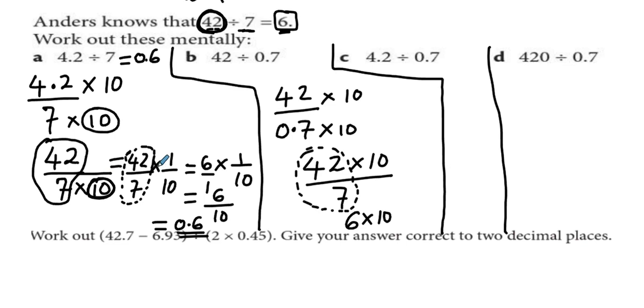So that is why I wrote times 1 over 10. But here I cannot say 1 over 10 because 10 is within the numerator. So I will simply do 42 divided by 7 is 6. 6 times 10 is 60. So the answer here is 60.